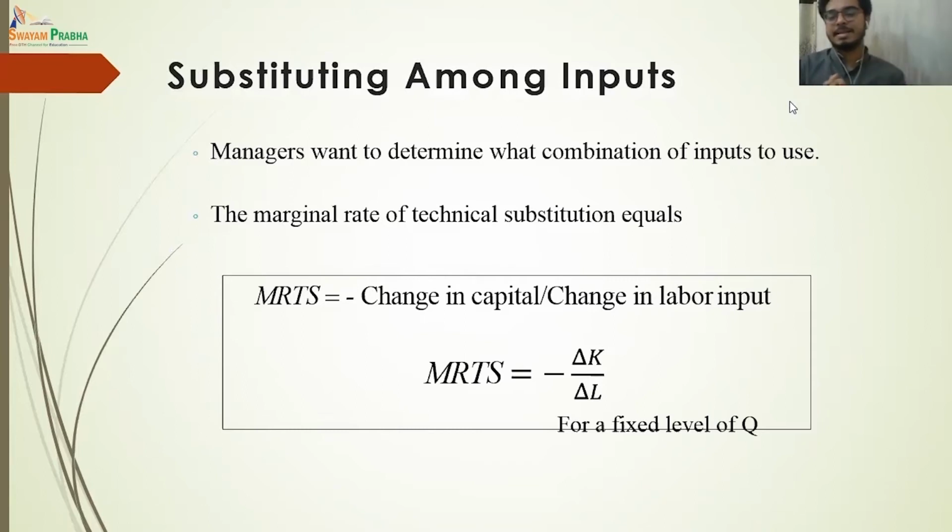How do we measure that? If you remember, we used to measure as the marginal utility of X and Y and all. So here we are measuring in terms of the change in capital and change in labor. So again the manager would like to use different combinations of inputs.